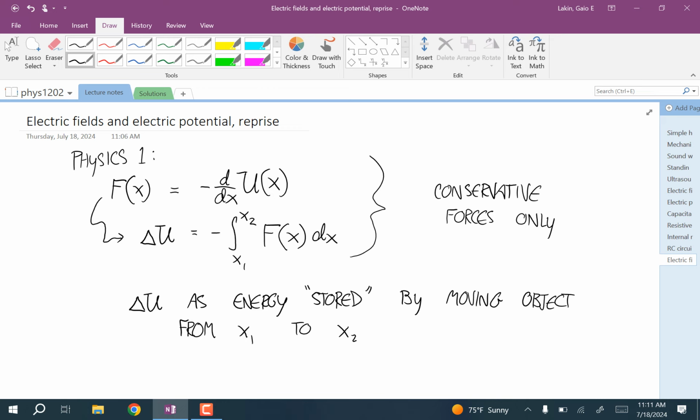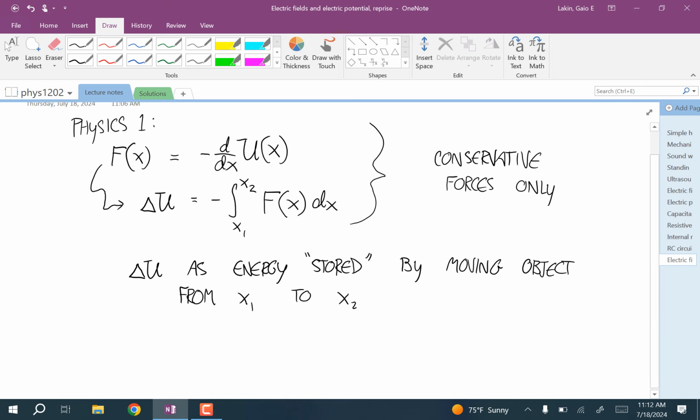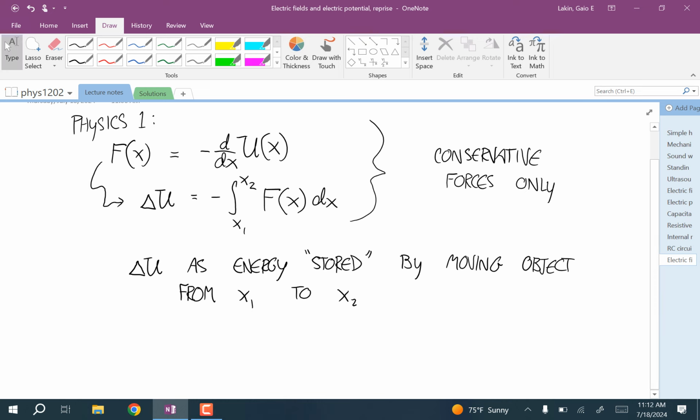Let's think about what this means in a gravitational field, because I think that's the one that's most natural to us. In order to get a positive value for the change in potential energy, you always have to move the object against the force field, in the opposite direction of the force.